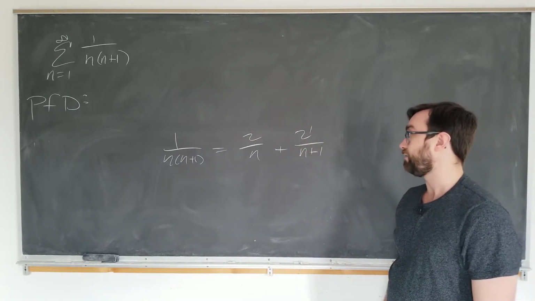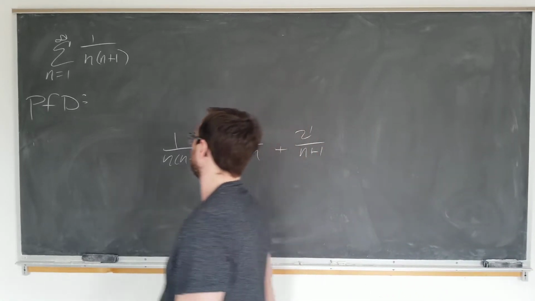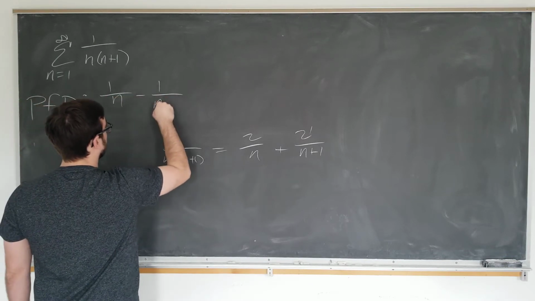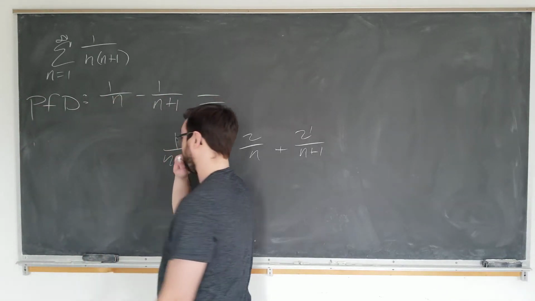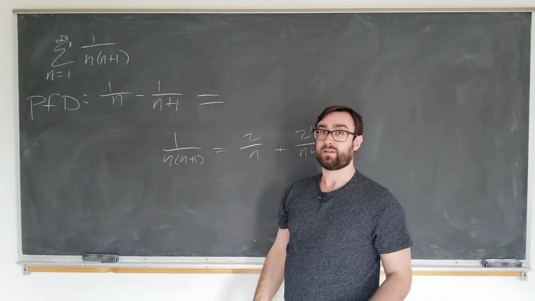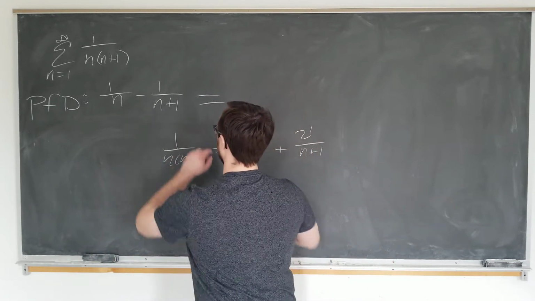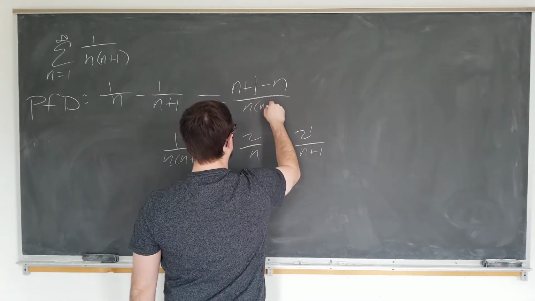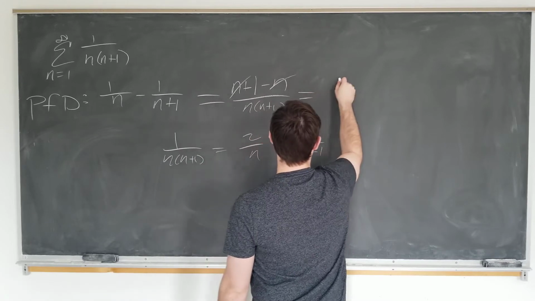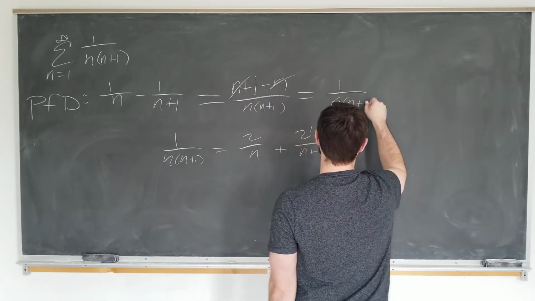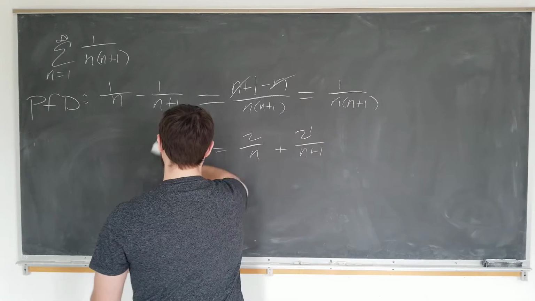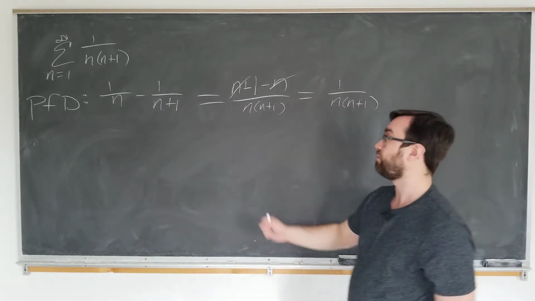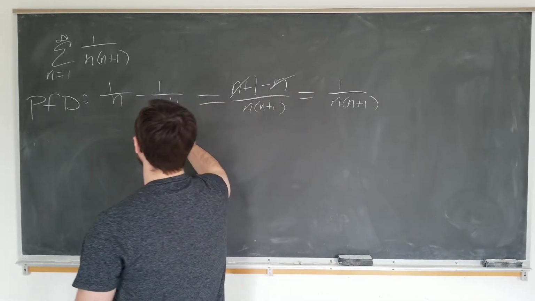If you've seen this kind of technique before, you would make this guess and you'd be right. 1 over n minus 1 over n plus 1, which if we combine the common denominator as n plus 1 minus n over n plus 1, the n's cancel, it's just 1 over n plus 1. So this is a good guess. And this is how we can decompose this into the product of the functions in the denominator.